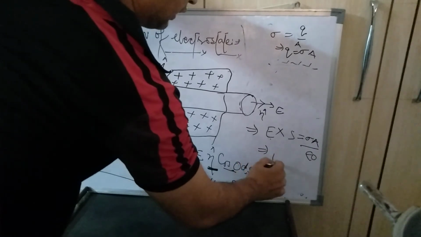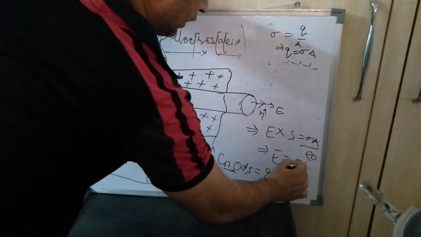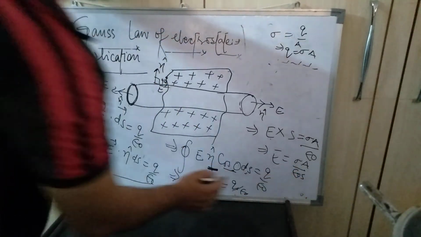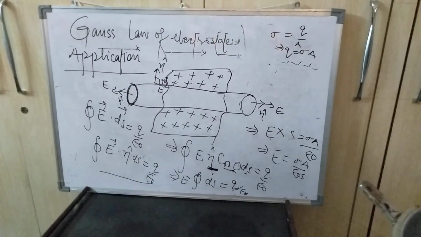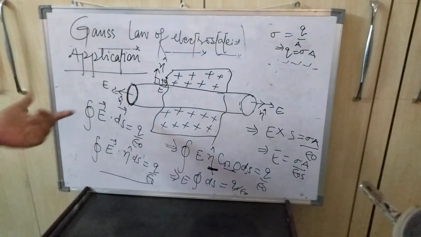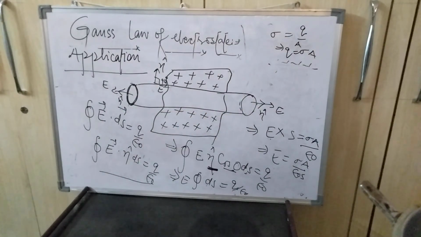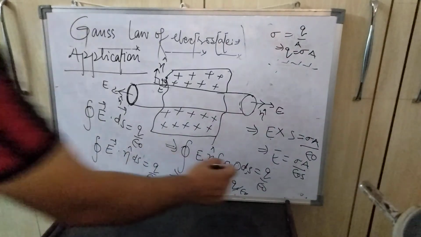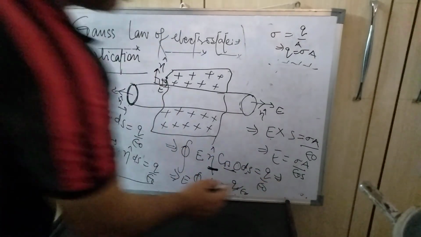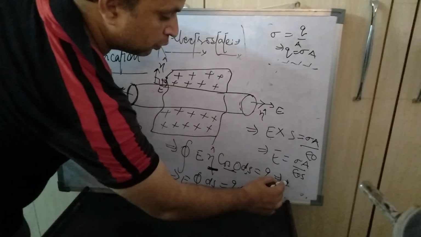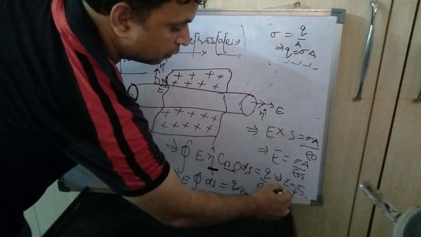Or rather you may say E equals sigma A upon epsilon naught S. Because you will see the similar intensity will also be found at the other surface. On adding both of them, it becomes twice E, and E equals sigma upon 2 epsilon naught.